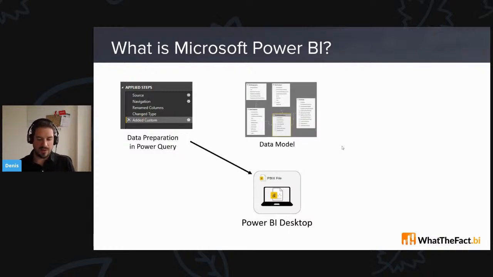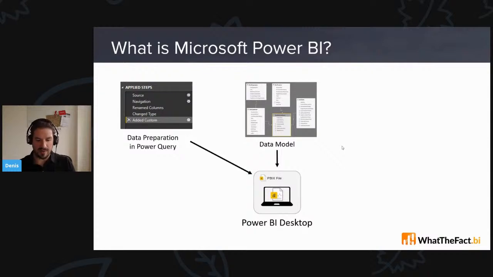The second is you create a data model from the data you loaded to your Power BI file, which means you have relationships. You can imagine them like foreign keys in a relational database. The only difference is that these relationships are always active, so I don't have to do joins and things like this. It's implicit, they are always there.